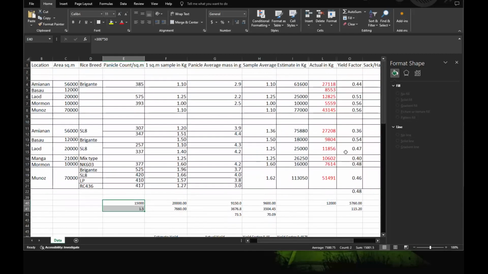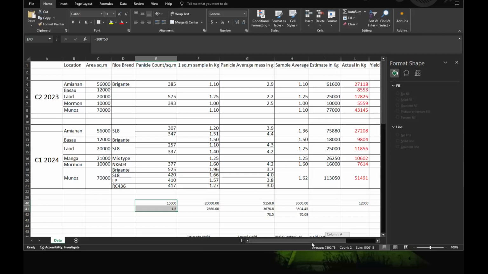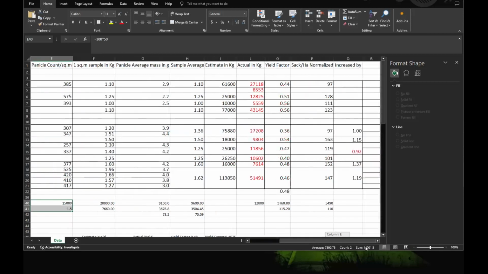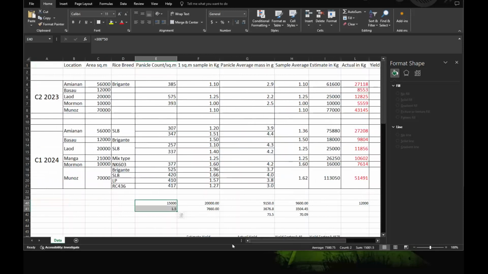I hope that people, farmers who are watching this, understand this data. It's a lot to take in. Also, you could help out by sending me data, your 1 square meter sample, and the rice breed, and then give me the actual yield in kilos.